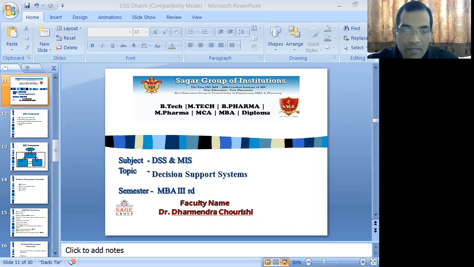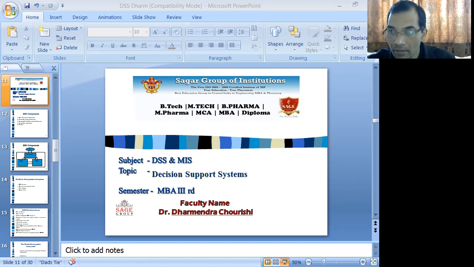Interface subsystem, where some hardware and software will be used for particular access of devices and the user. These are the main components of DSS. So first, data is always crucial. Model, on which model you are working.